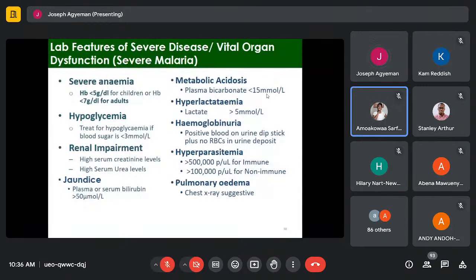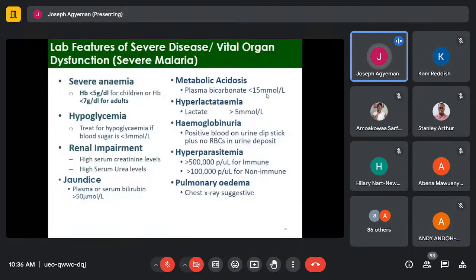Thank you. Okay. So for metabolic acidosis, remember we said there could be hypoxemia because you would get either cytoadhesion or rosette formation that prevents blood supply to certain tissues. So all these tissues will be undergoing anaerobic respiration.